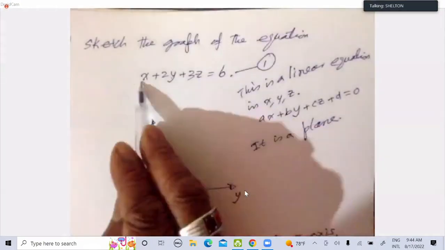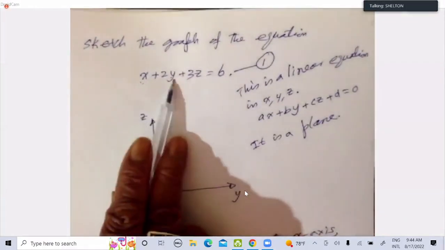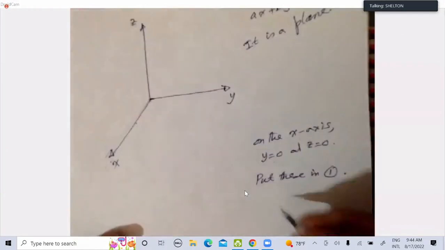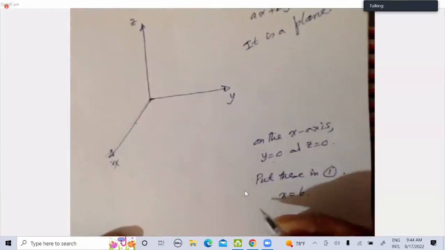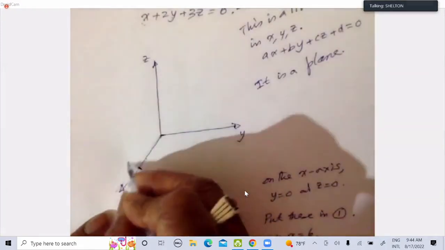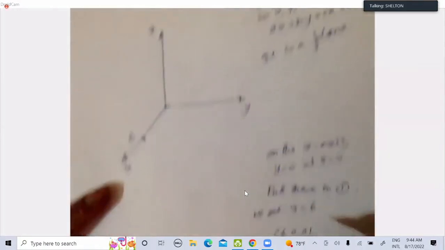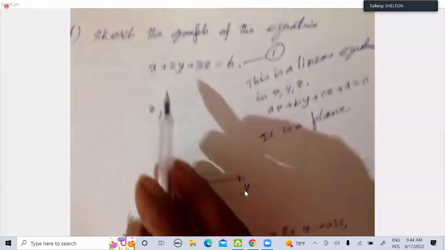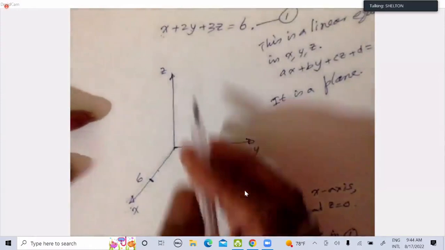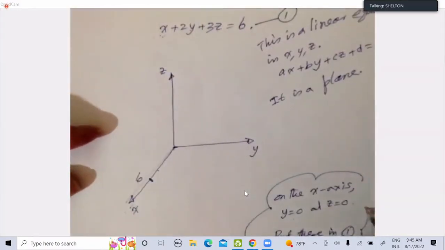X plus 2 times 0 plus 3 times 0 equals 6, so x equals 6. So this is a point on that plane: 6, 0, 0 satisfies this equation. That is where it crosses the x-axis. Now, can somebody tell me where it would cross the y-axis? Do the same for the y-axis.